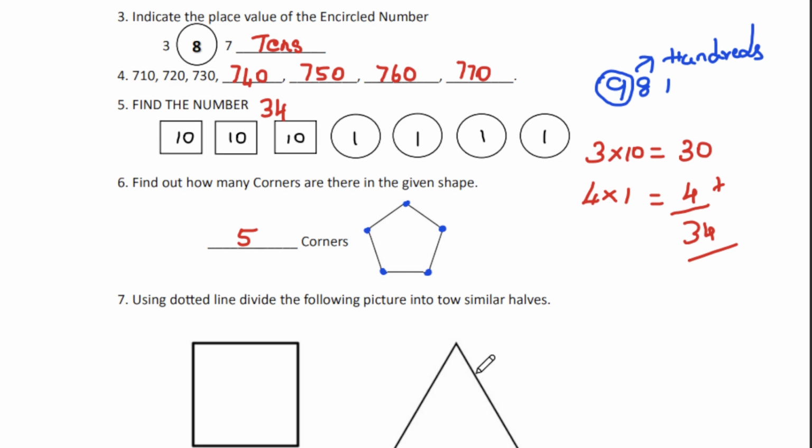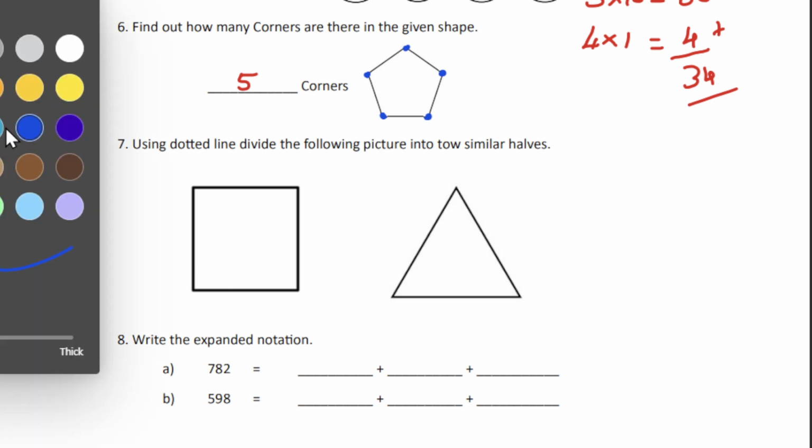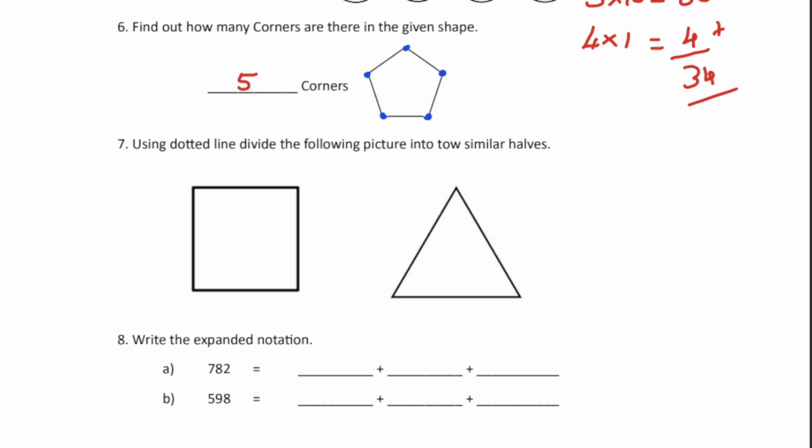Okay, next. Using a dotted line, divide the following picture into 2 similar halves. So we have to divide this picture into 2 similar halves using a dotted line. Okay, students, if you are doing this, use a scale to draw the dotted lines.